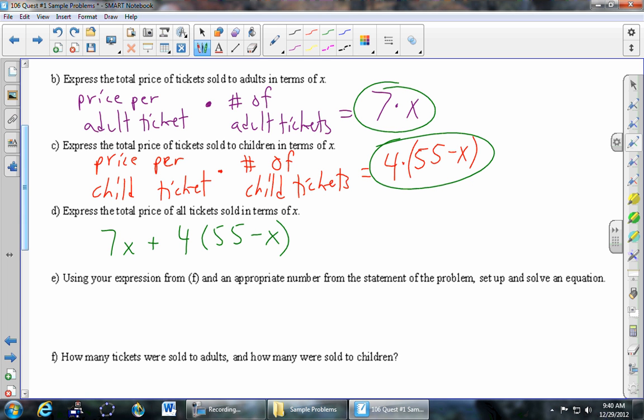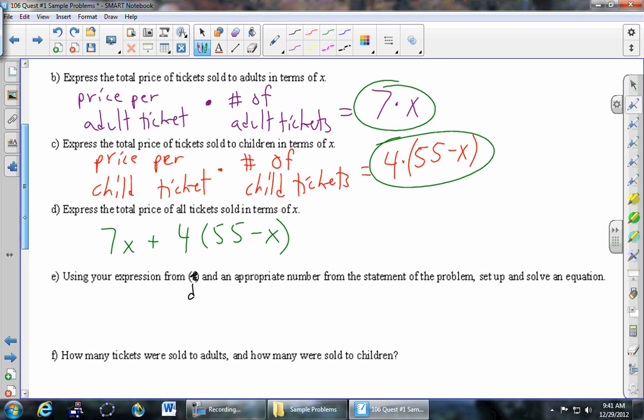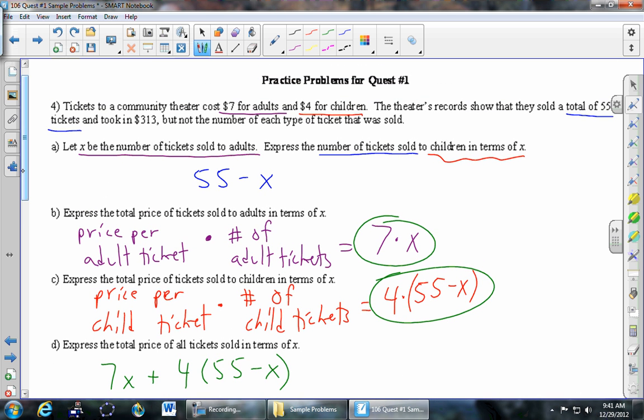Part E, using your expression from F and an appropriate number from the statement of the problem, set up and solve an equation. Okay, so I realize here there's a typo. Let's change that. We should say D. So we have right now the total price of all tickets that came in. That's what we found in green. So there must be some number we haven't used yet in this original problem.